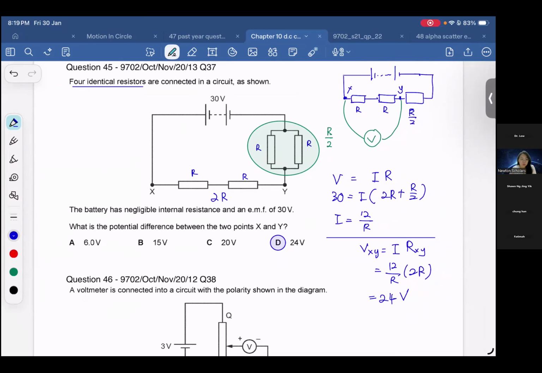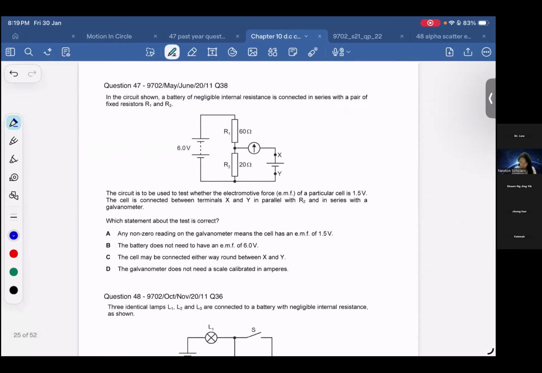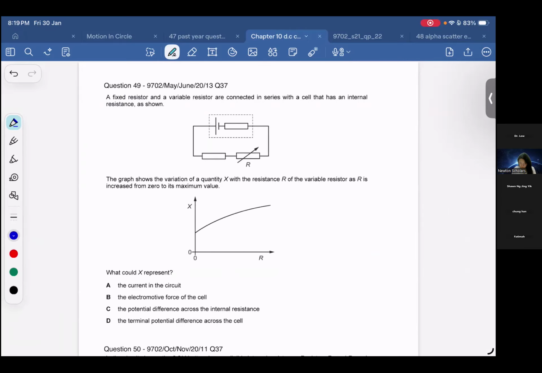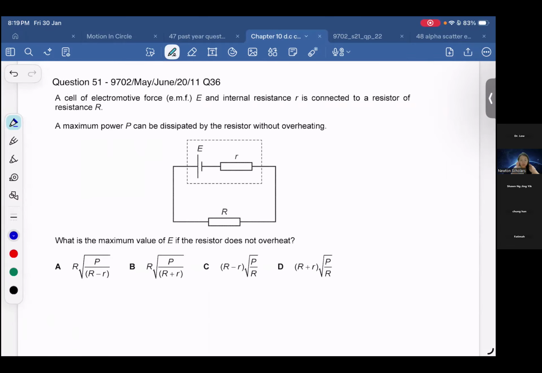Okay, so here, let me choose some questions. Can we go to question number 51? Go to the page with question number 51. Can you try? Only 4 steps.